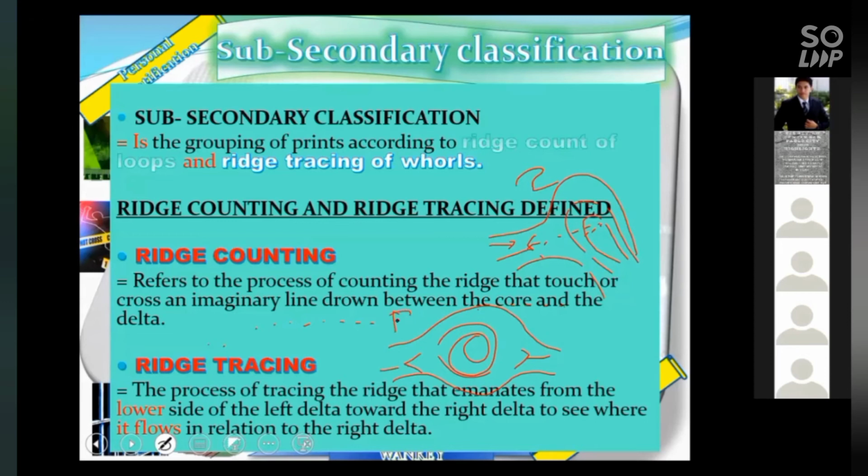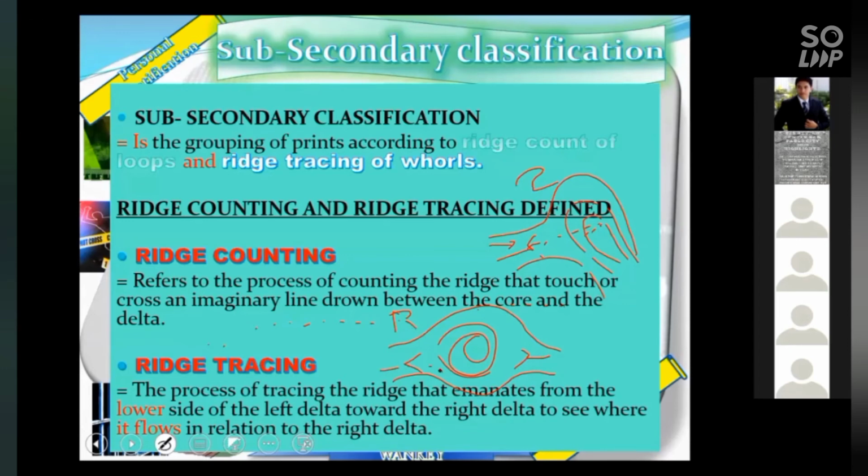Remember, if this is a right hand, in placing the ridge tracing, you will always start from the left delta going to the right delta. But if this is a left hand, you will start tracing from the right delta going to the left delta. Again, if right hand, you start from the left delta going to the right delta. If it is left hand, you start from the right delta going to the left delta.